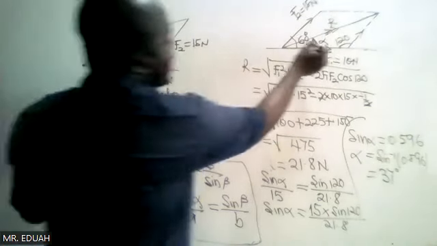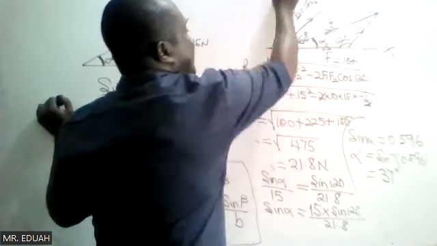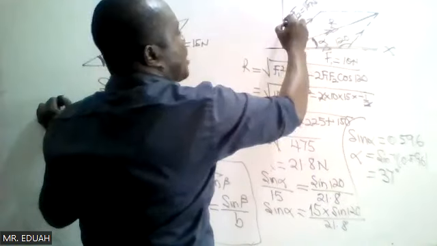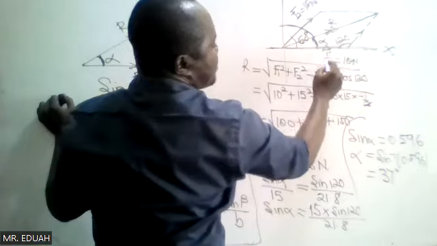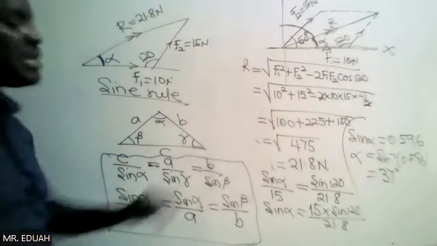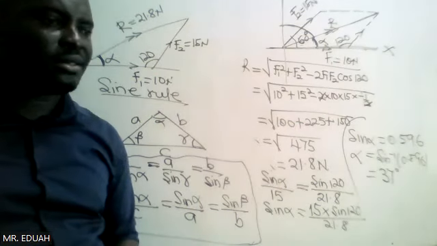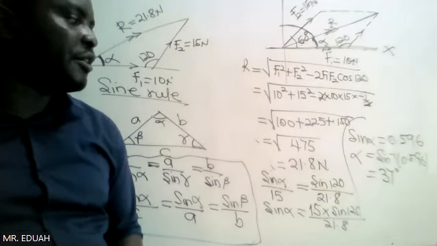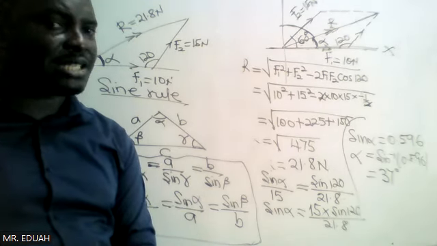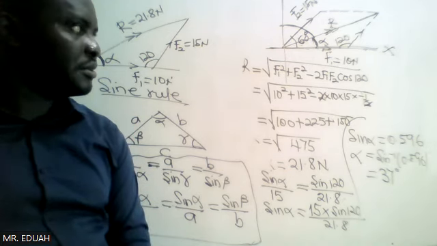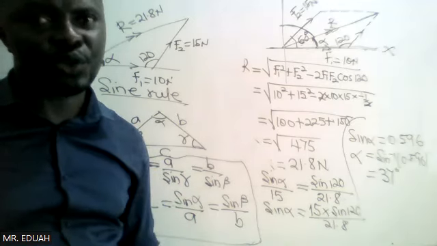Don't forget this angle is to the x-axis. If you want to find the direction of the resultant from the y-axis, you subtract 37 degrees from 90, and that will be 53 degrees from the y-axis or from the north. So both ways qualify for the direction of the resultant.